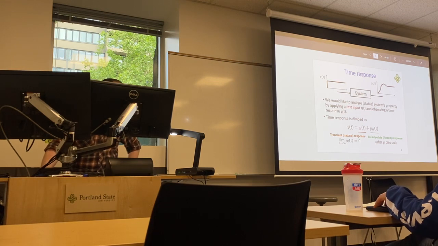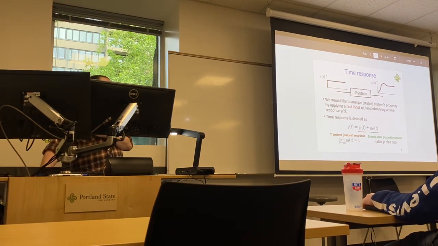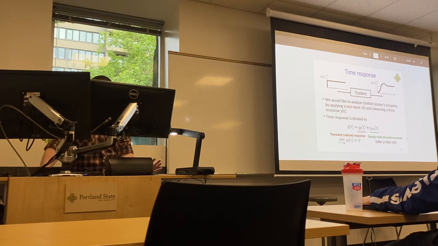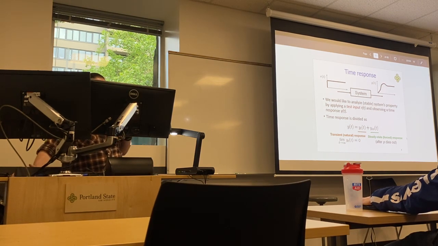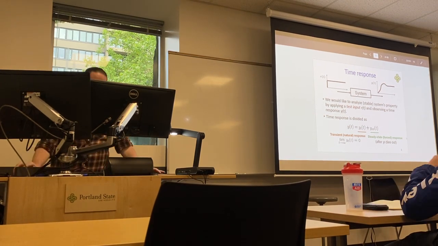Our transient or natural response, which as time increases to infinity, would die out to 0. And the steady state, which is our forced response, is our output at the steady state.